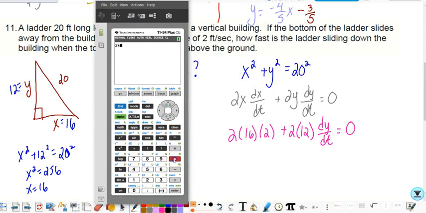So we've got 2 times 16 times 2 is 64. And as I write that, I'm going to subtract that to the right. 2 times 12 is 24. We'll divide.